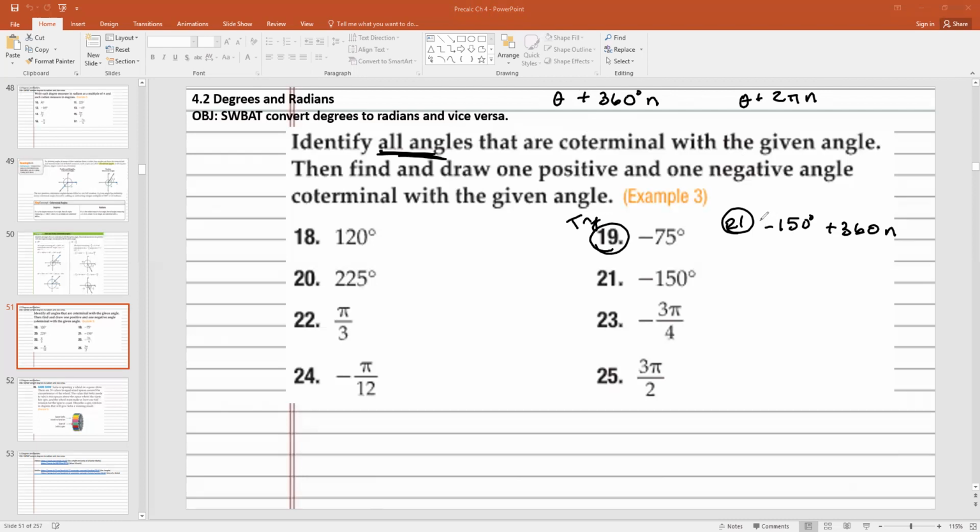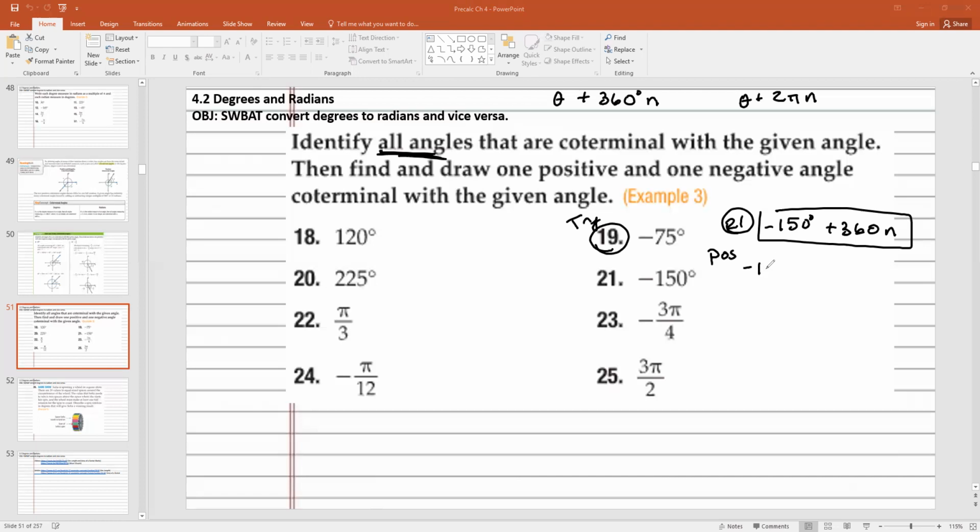And that's it. Ta-da! Those are all the coterminal angles. Now a positive one means we're just going to plug in a positive number for n there, if it becomes positive. But sometimes you have to do more. But I'll show you later.